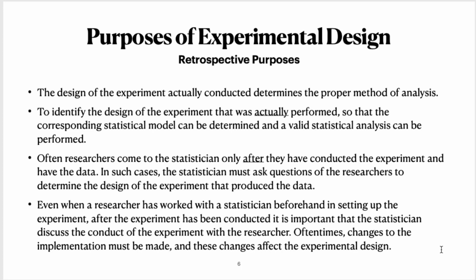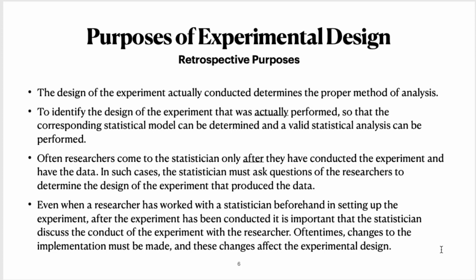And the reason is because oftentimes, when a researcher goes back into the field or goes back into the clinic or wherever they're doing their experiment, there are things that necessitate altering the experiment, deviating from the experimental design. All right, and sometimes you just cannot get around that.